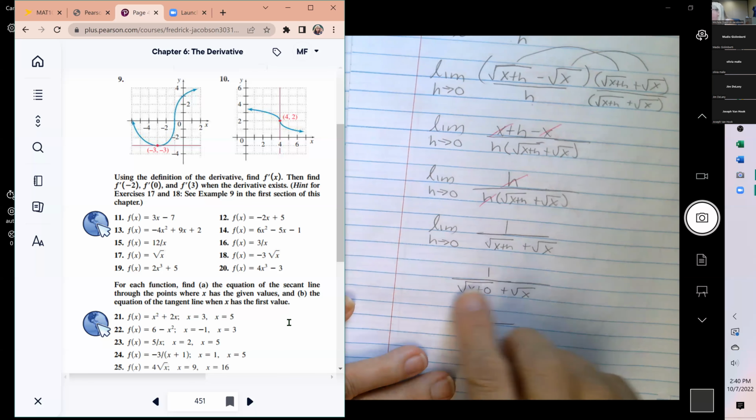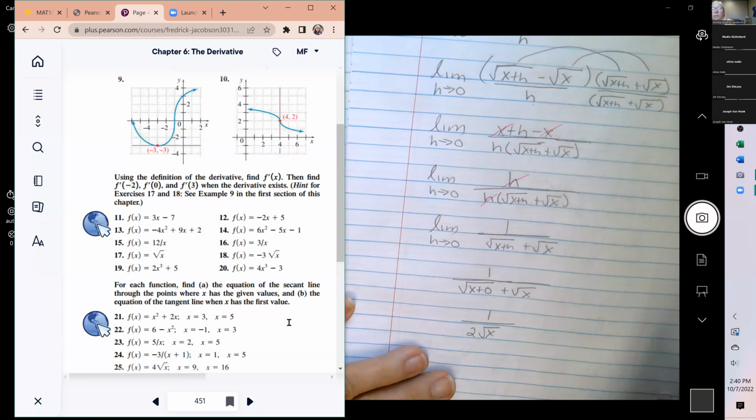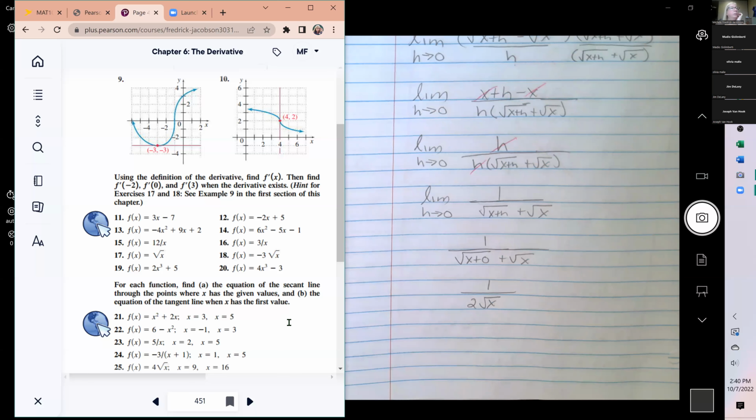The square root of x plus the square root of x is 2 square root of x. Any questions on that?